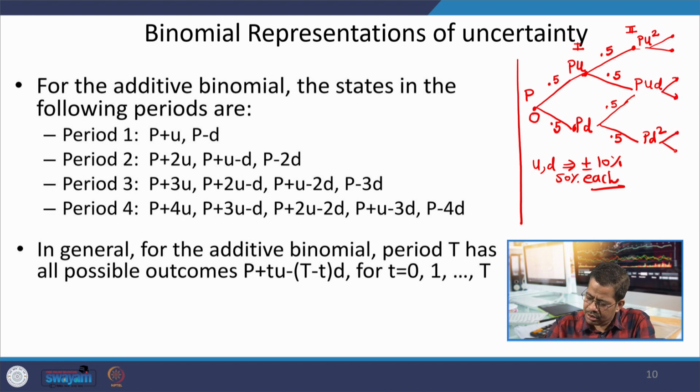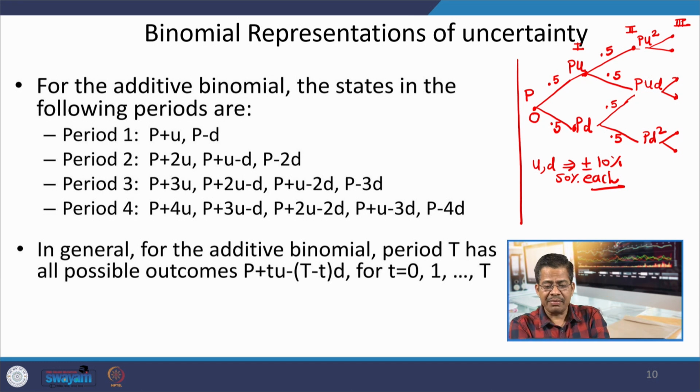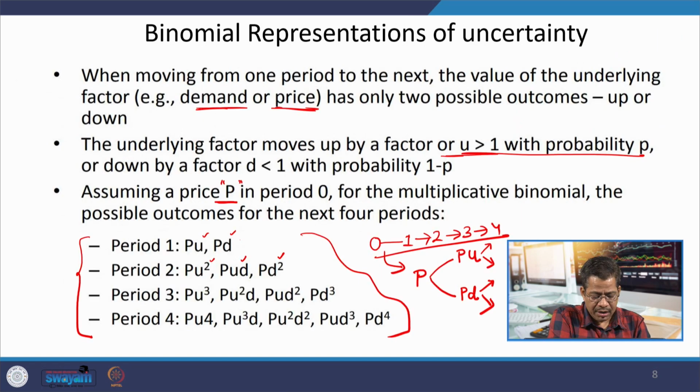But it is very interesting, and maybe one of the questions also in our weekly quizzes, that out of all these different branches, there may be some branches which are common.